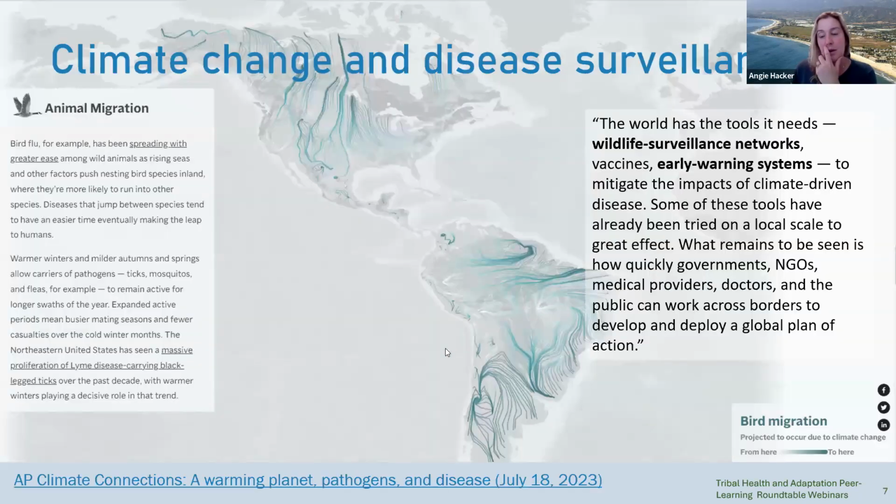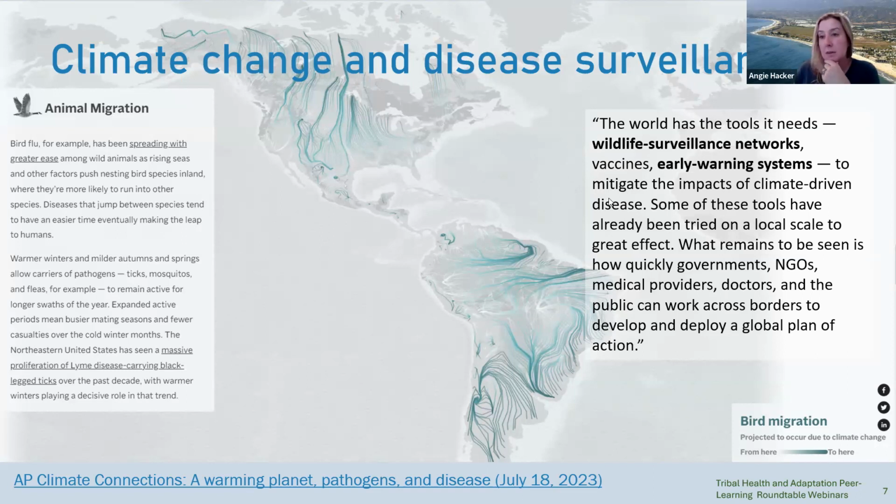Let's go into a couple more examples on the IT side. I want to bring to life a little bit more the surveillance piece. This came out just a couple of days ago from the AP, a collaboration they're doing with GRIS on climate connections. They created a really cool storyboard on a warming planet, pathogens and disease. I'll throw this in the chat. It's a nice visual tool to talk about how vector-borne disease is changing and why, related to climate change.